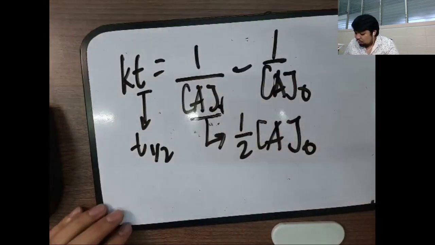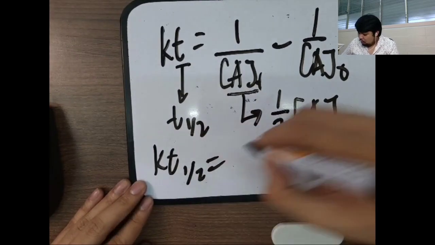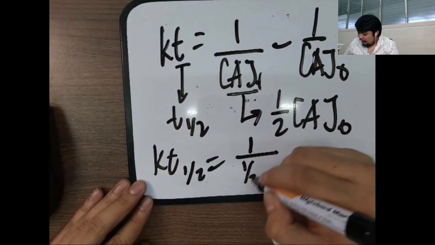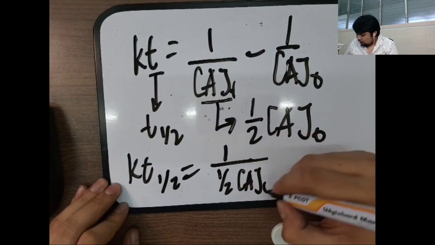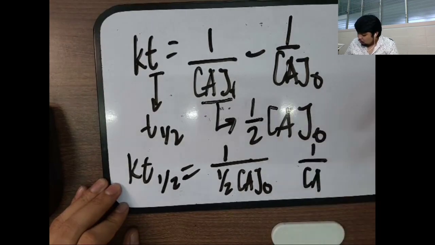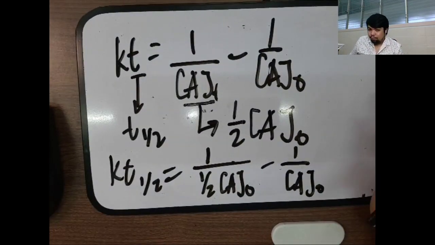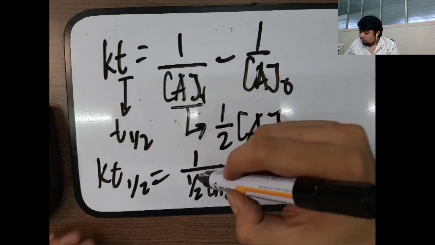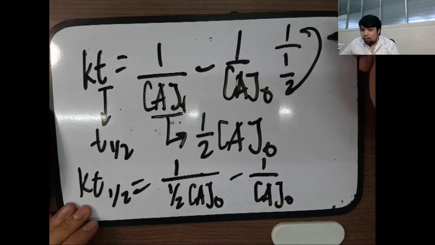So we substitute: 1 over 1/2 A null is equal to 1 over A null minus 1 over A null, right? So since 1 over 1/2 will be transposed here, this is equal to 2.